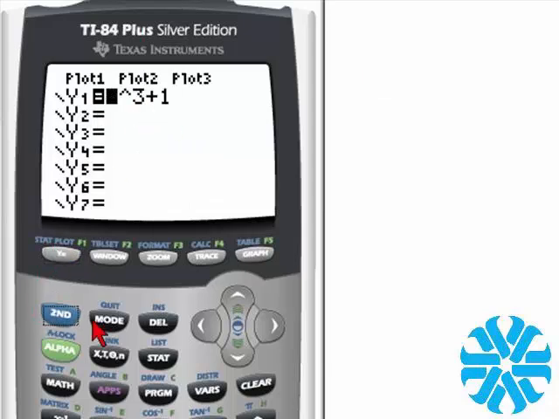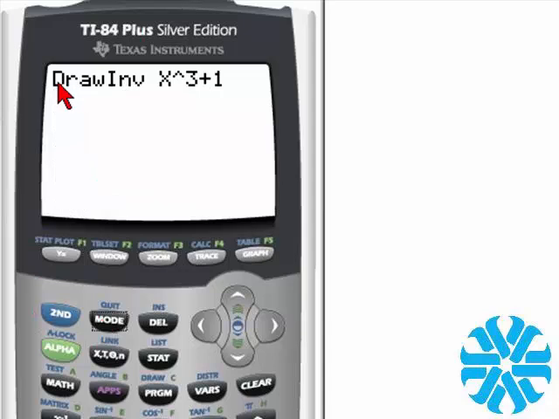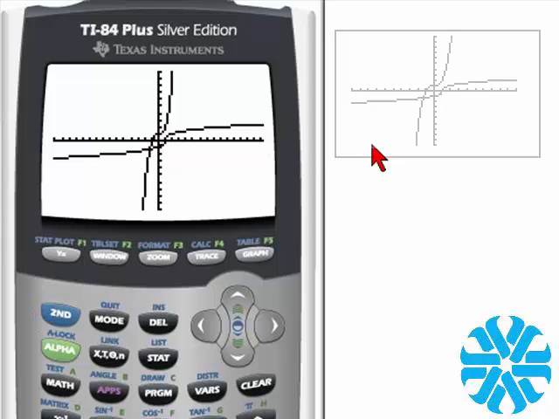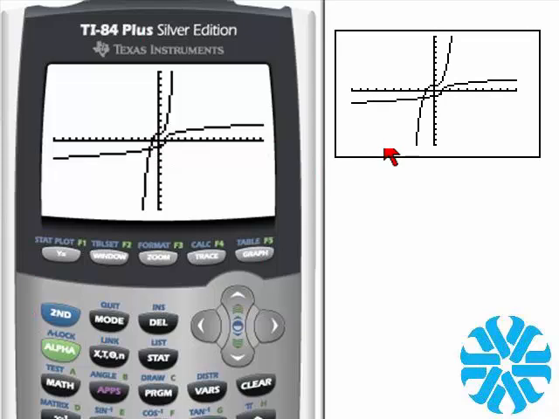Let's quit out of this. What this does is draw the inverse of that original function that we have stored in the graph mode. So we hit enter, and there it is. This curve right there looks exactly like our original graph of the inverse function, and that can be seen just to the right here.